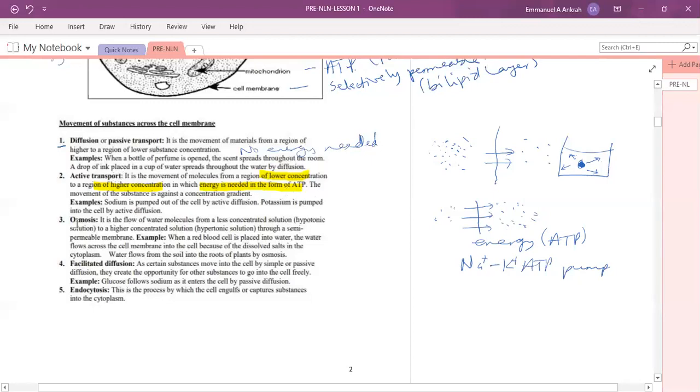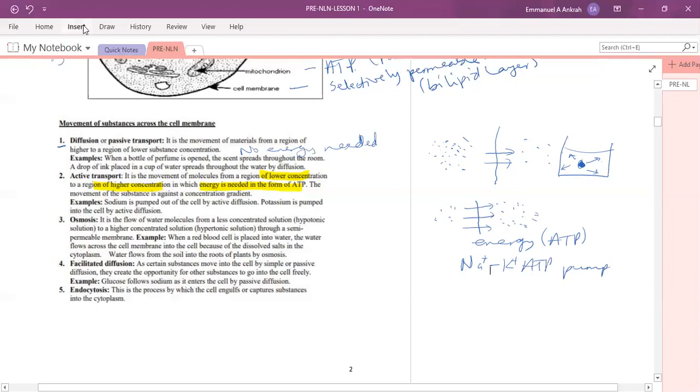Okay. Then the third one is osmosis. Osmosis, that's another favorite question that they like to ask. So osmosis is the flow of water molecules from a less concentrated solution, which we call the hypotonic solution, to a more concentrated solution, which we call the hypertonic solution, through a semi-permeable membrane.